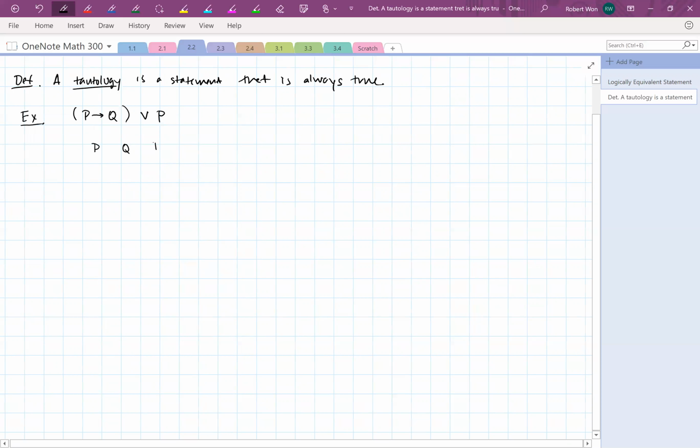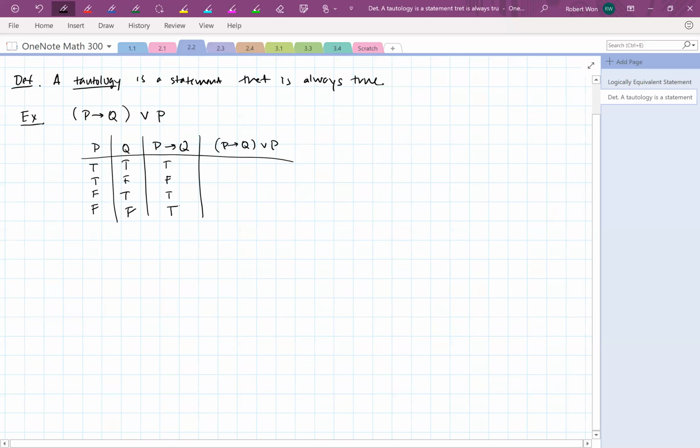So probably as an intermediate step, I want to write down if P then Q, and then I can do the whole statement like this. Again, 4 rows. True, true, false, false. True, false, true, false. We've now done the truth table for the conditional statement like 100 times. So it's false here and true otherwise.